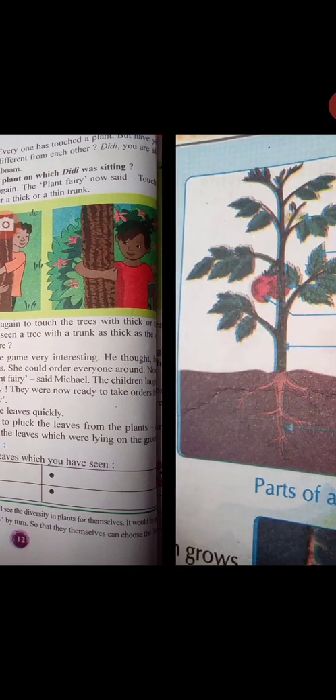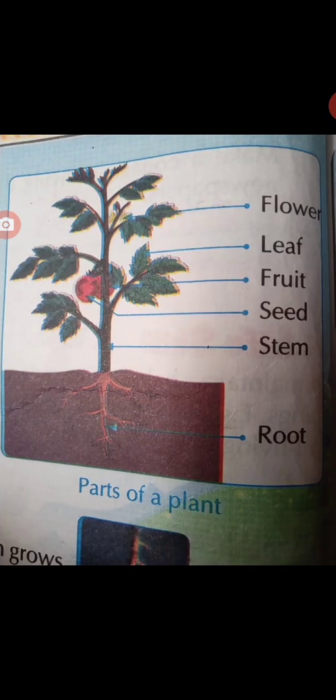Didi said, "Very good. Everyone has touched a plant. But have you noticed that all the plants are different from each other?" Let us study about each plant in detail. A plant has many parts.